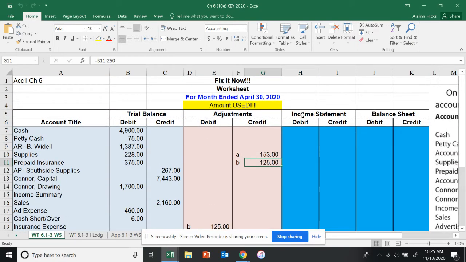We've got an income statement and balance sheet set of columns, all right? Now, you don't know much about income statements yet, but let me tell you right now that income statements are going to report out our revenue and our expenses. Okay, so our sales and all of our expenses.